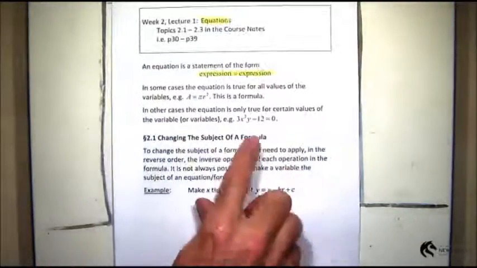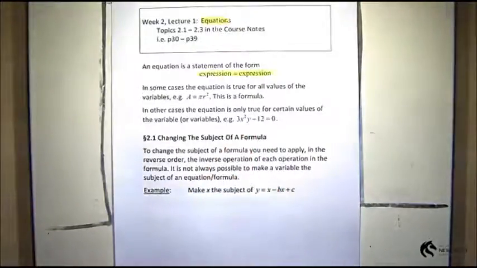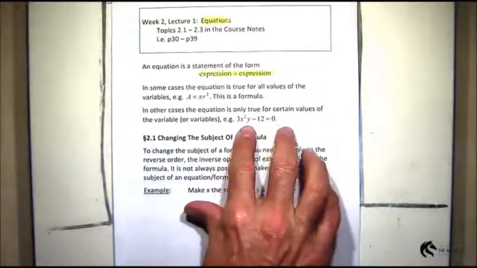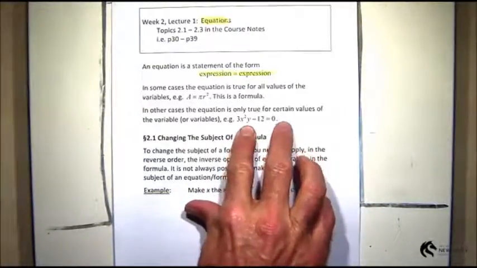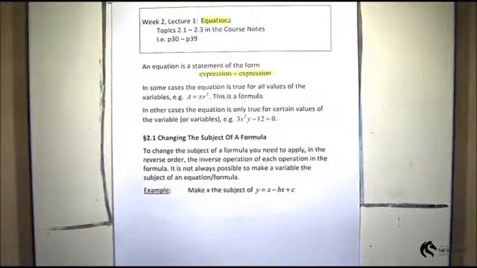Whereas for an equation like this, 3x squared times y minus 12 is equal to 0, for the left-hand side to be the same as the right-hand side, that's only true for certain values of x and y.